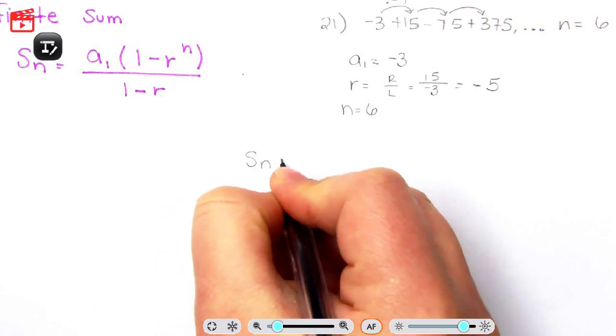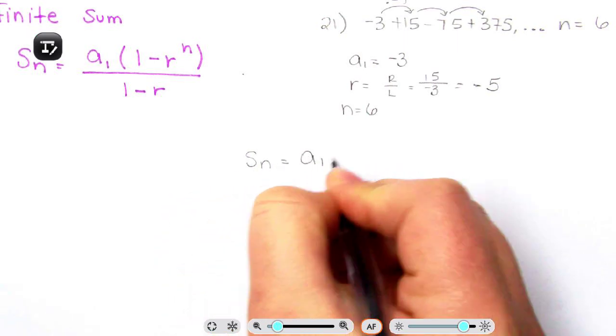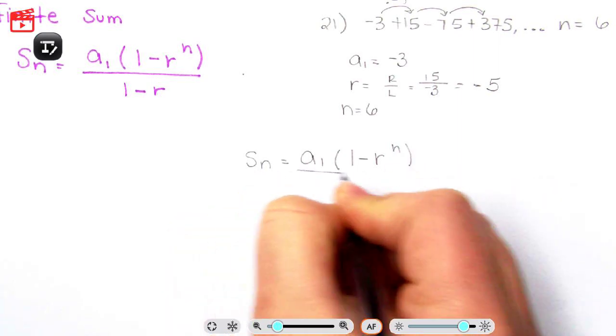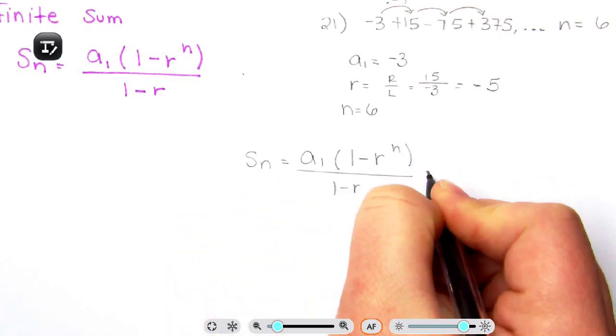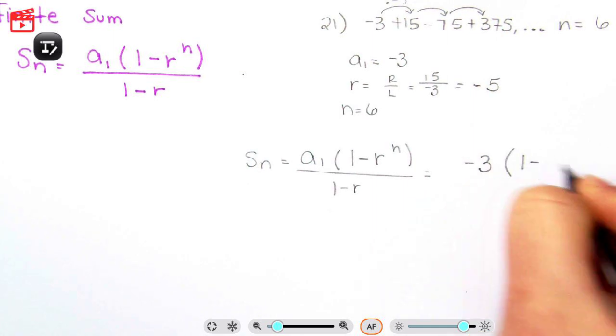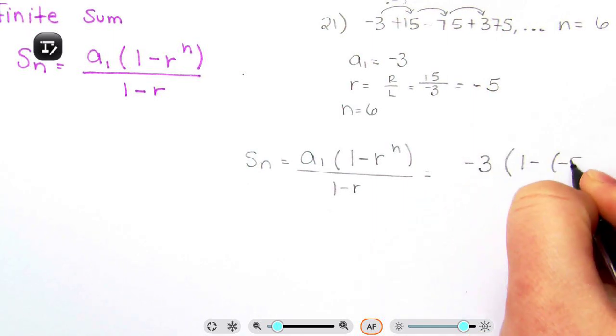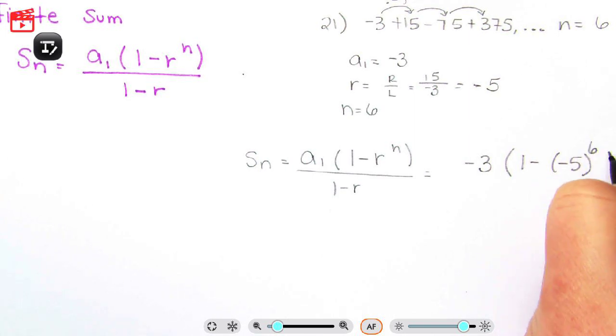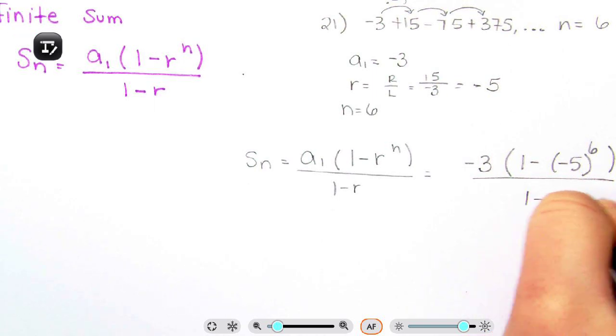S sub n is equal to a sub 1 times 1 minus r to the n power divided by 1 minus r. So we have a sub 1 is -3 times 1 minus r is -5 to the nth power, in this case it's 6, divided by 1 minus -5.